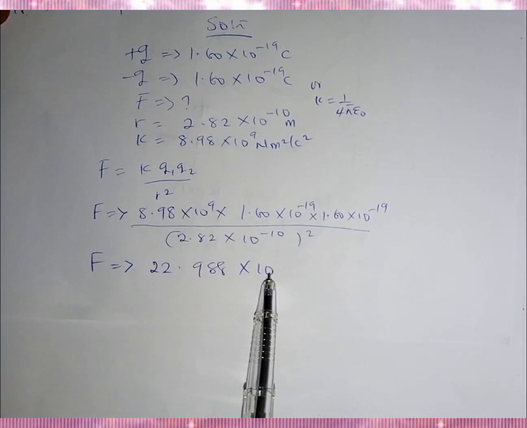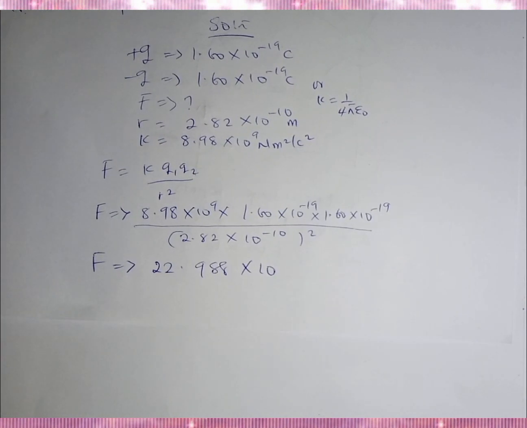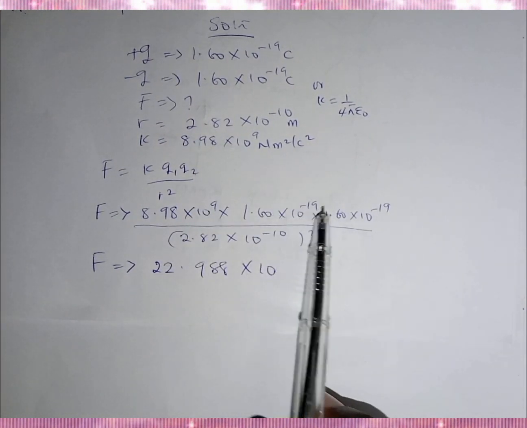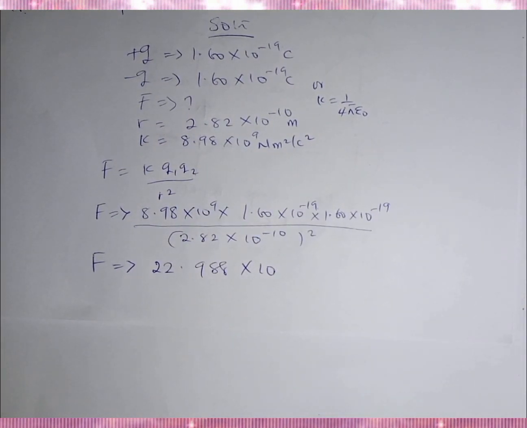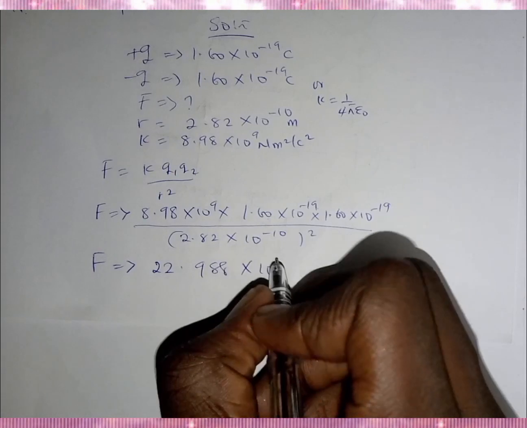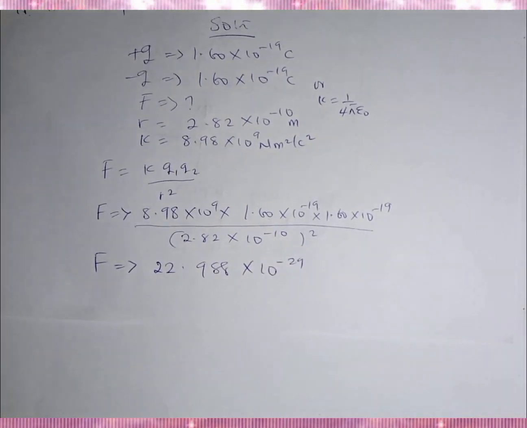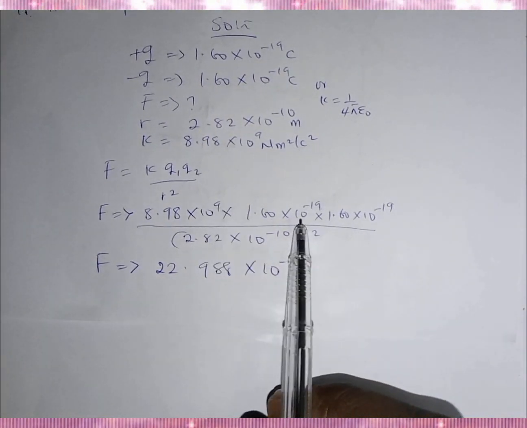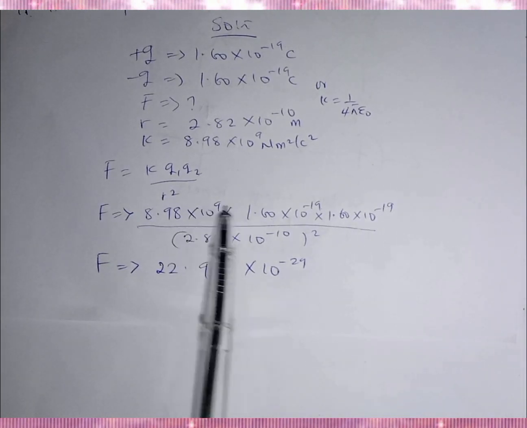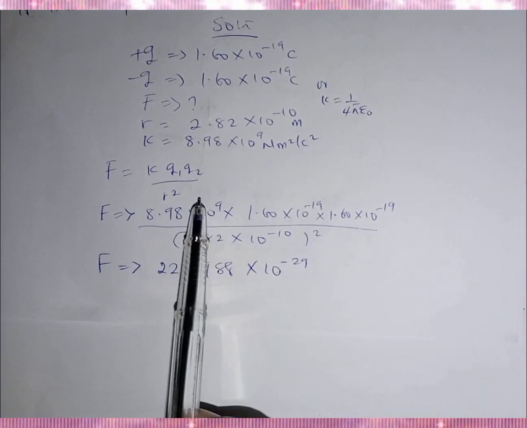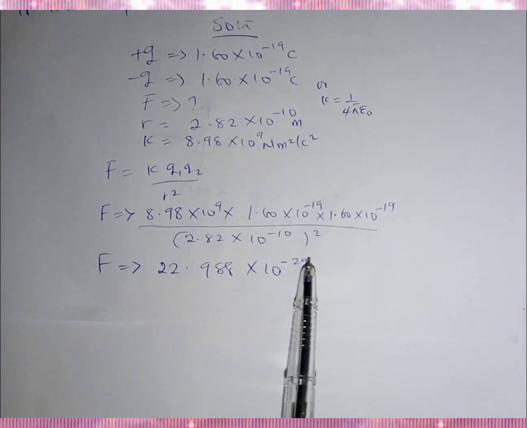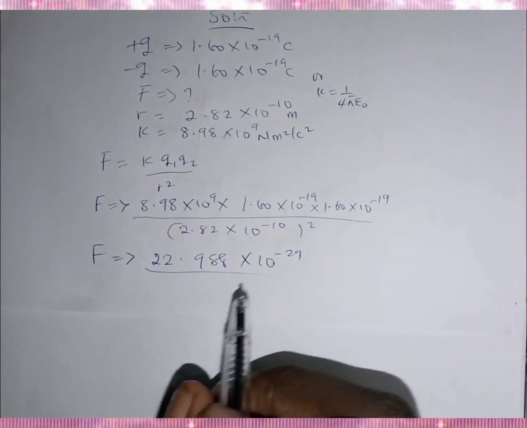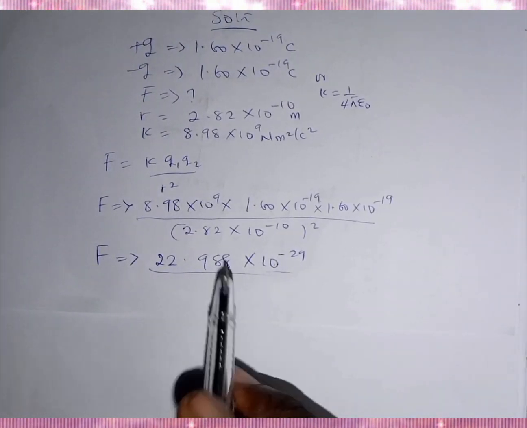So you pick one 10 and you add the whole power. So now let's add 9 plus minus 19 plus minus 19. So we have minus 29. So to solve these indices, 10 to the power 9, 10 to the power minus 19, 10 to the power minus 19, you pick one base which is 10 and you add the whole powers, and that's how we arrive at minus 29, which is 10 to the power minus 29.